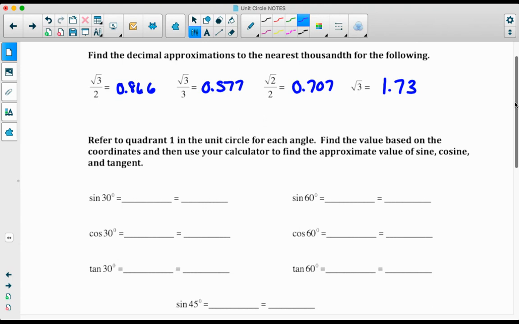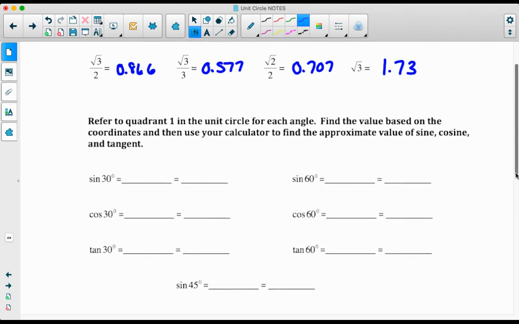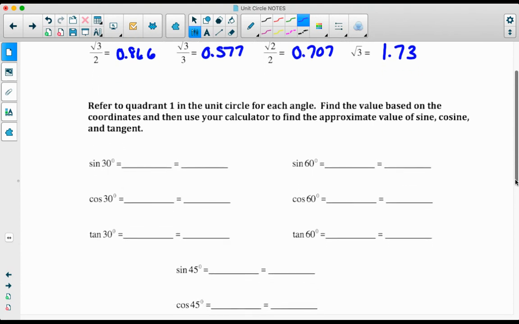Because I want to show you what your sine, cosine, tangent are equivalent to, and those numbers certainly help. If you go back to your quadrant 1 reference angles for your 30 degrees, and we look at this sine ratio for 30. Since our hypotenuse is equal to 1, our sine ratio is just equal to the half that is your y value, right? Because it's 1/2 over 1. This, of course, we know is 0.5.